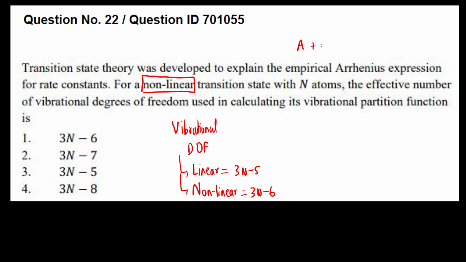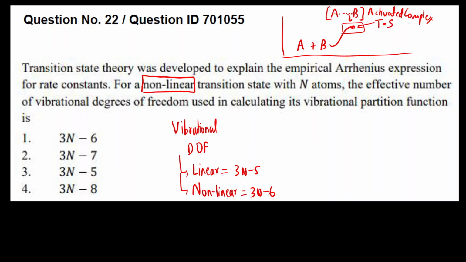So there are two reactants, let's say A and B. They are combining to form a higher energy state. This region is called the activated complex. And the point where it has the highest energy is called the transition state.